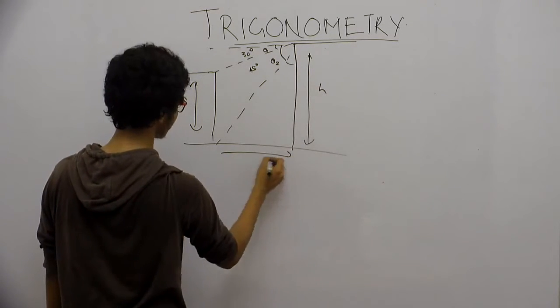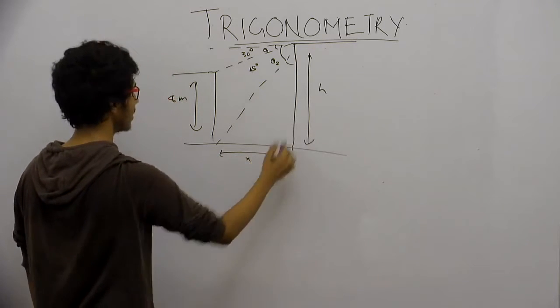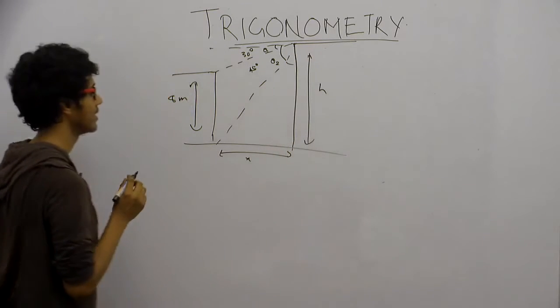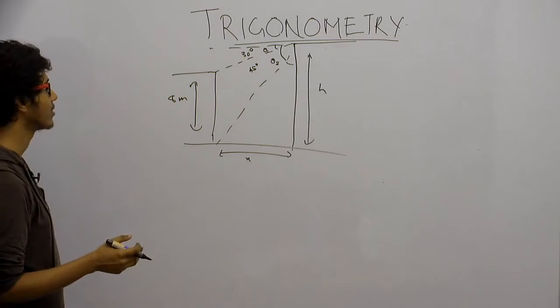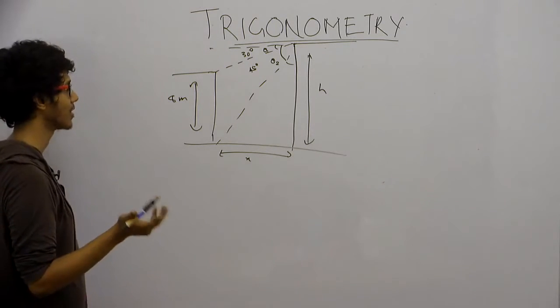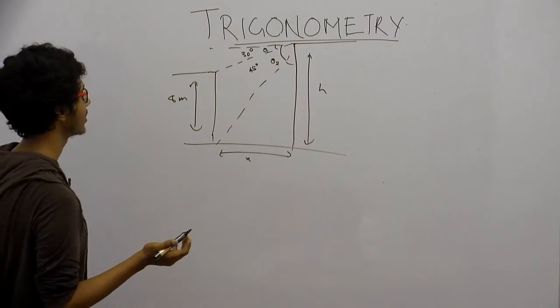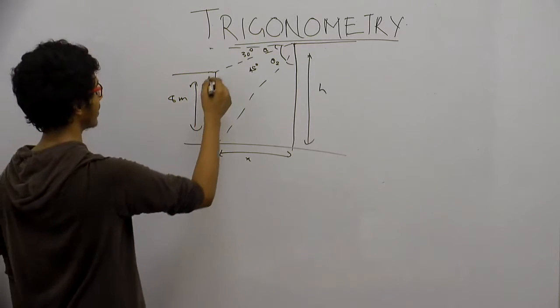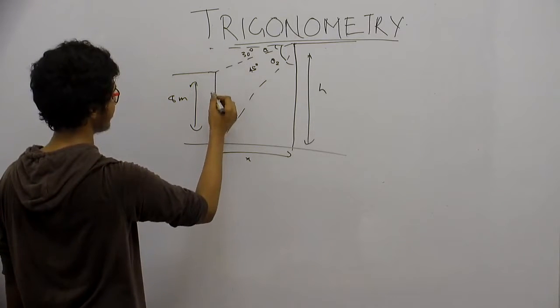So whatever the distance between these two buildings is, it's also the height of the building. That is currently not necessary, but it's a good observation and good to keep in mind. Then we start with the problem. We are given here 8 meter.